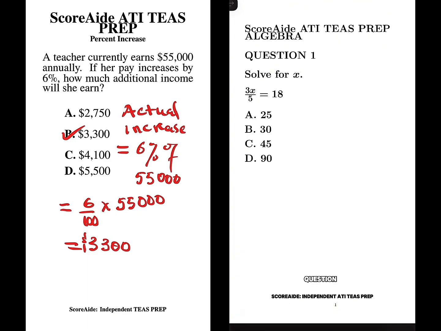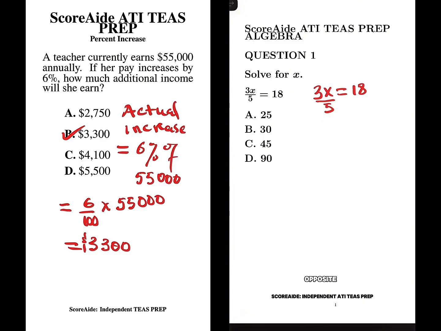Now, let's look at question 1. Solve for x. So we have 3x over 5 is equal to 18. We need to make x independent. The only thing holding us back from making x independent is the fraction, the division by 5.